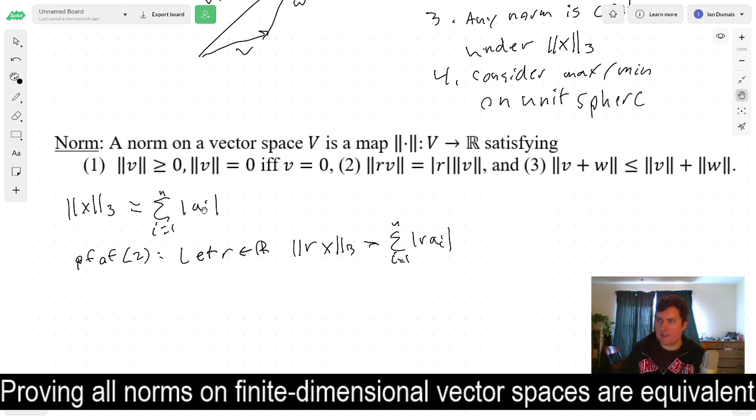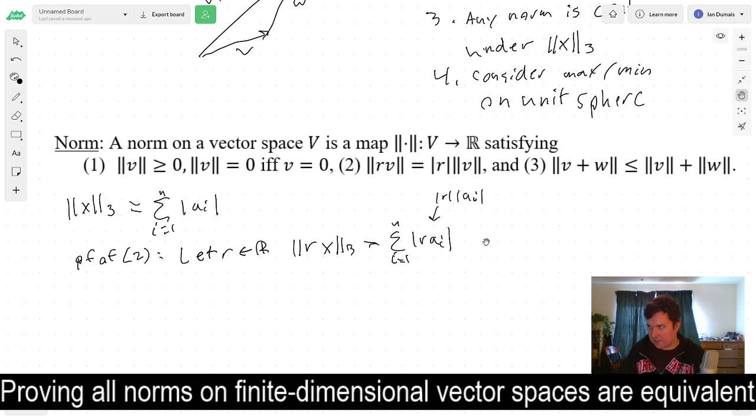So I'm just applying this definition. Since we had Rx here instead of X, we get RAI instead of AI. So far, so good. Now, absolute value of RAI is the same as just absolute value of R times absolute value of AI.